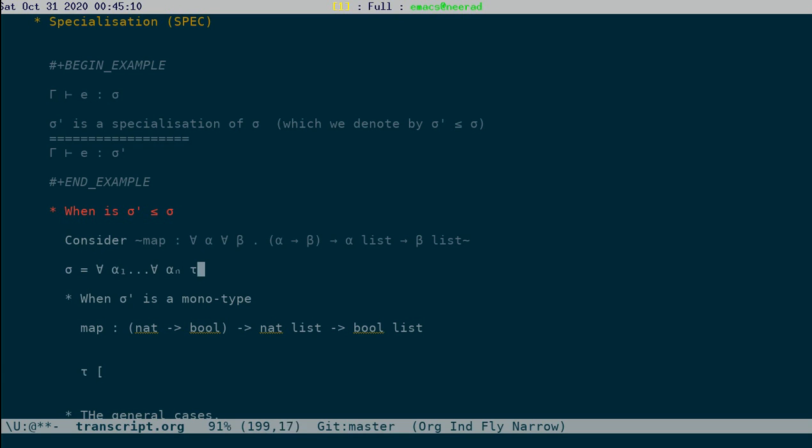In tau I can replace alpha 1 through alpha n with any type I want. So if in tau I replace alpha 1 with tau 1, etc., alpha n with tau n, this is definitely a special case of sigma.